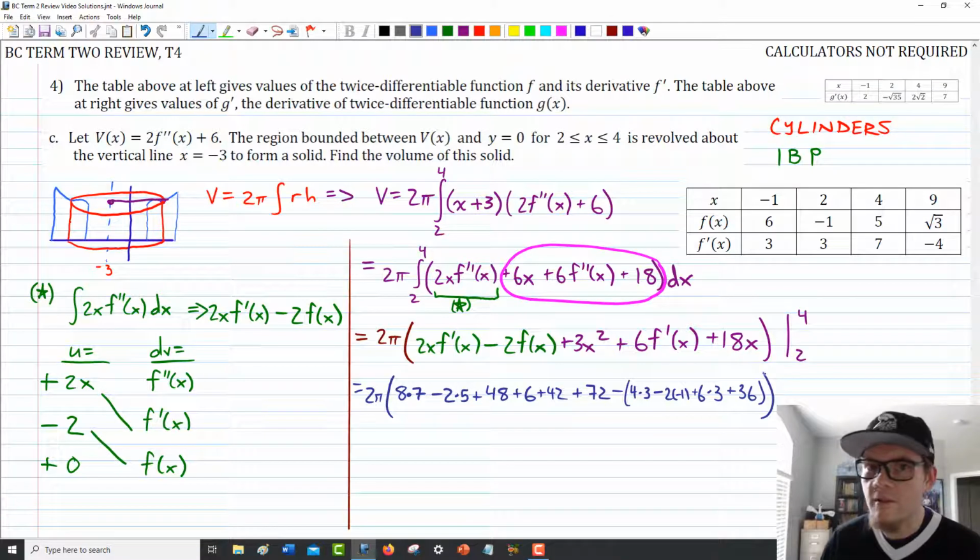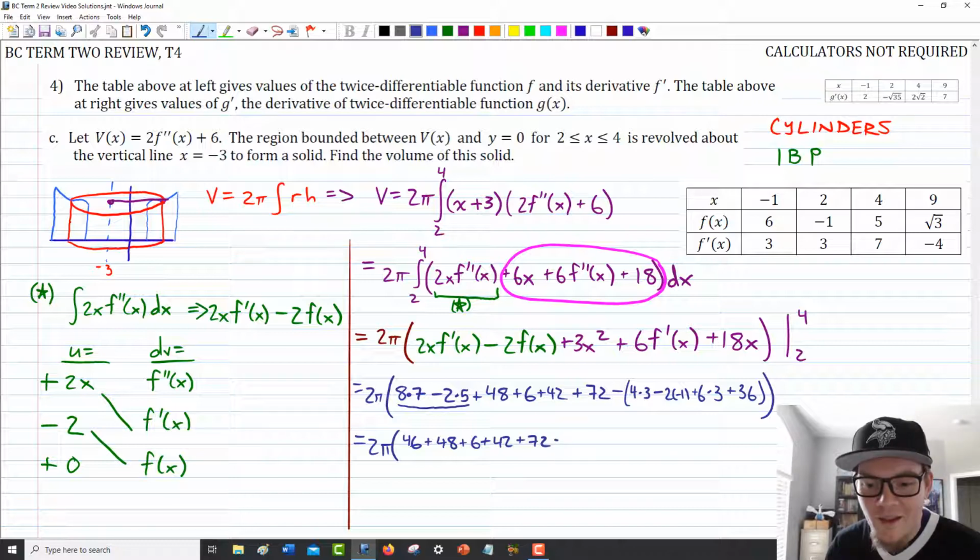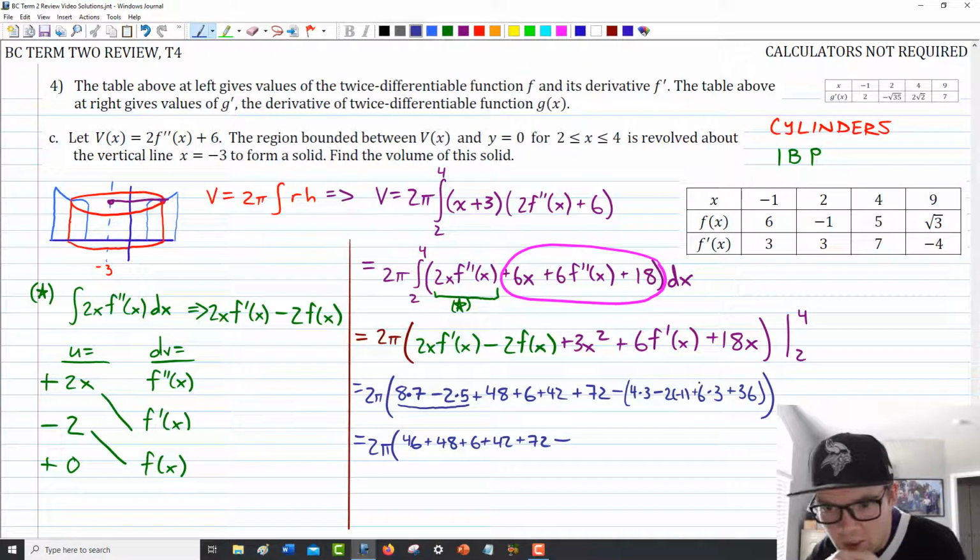Oh boy, I really just want to circle this thing, but I've gotten this far. That's 56 minus 10 is 46, plus 48, plus 6, plus 42, plus 72, minus, we'll have 12 plus 2 is 14, plus, I feel like I made a mistake in there.